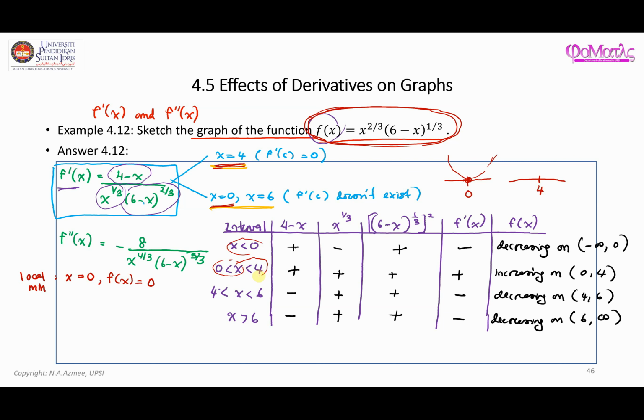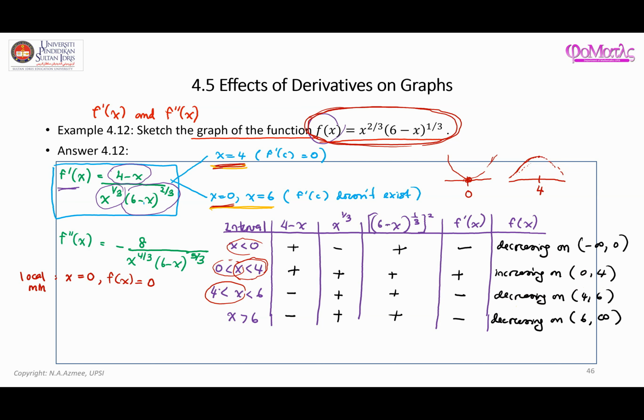When x is less than 4, the graph is increasing, on the interval between 0 and 4. And then when x is greater than 4, immediately after x passes 4, it is decreasing. So that means it reached a point at 4 and then it's going to decrease.